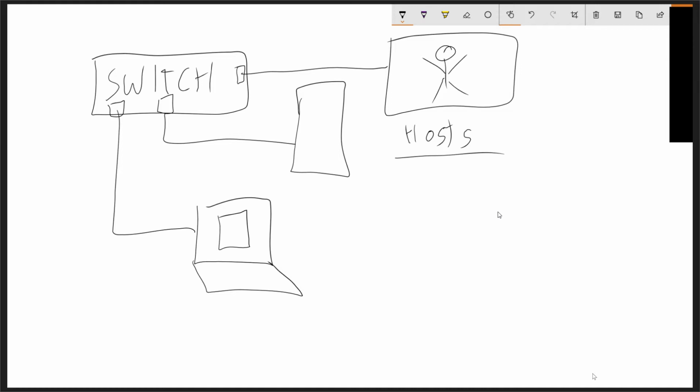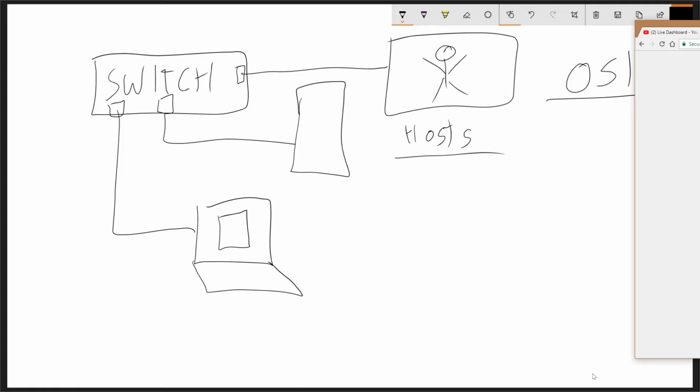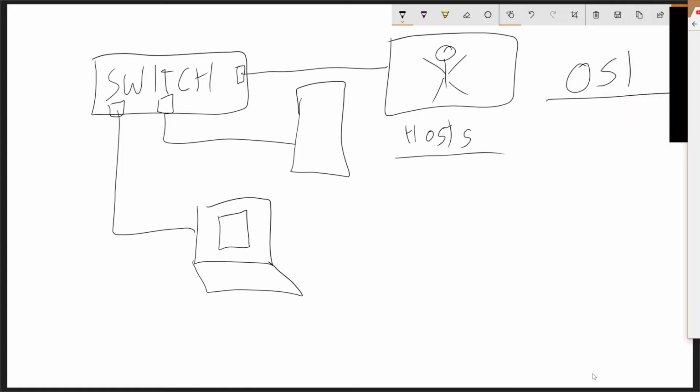Okay, so in the world of networking, you have what is called the OSI model. And I'm not going to bore you by going into too many details with this, but essentially the OSI model is a model that lays out how things communicate. Okay, so it lays out how you're going to go about communication.